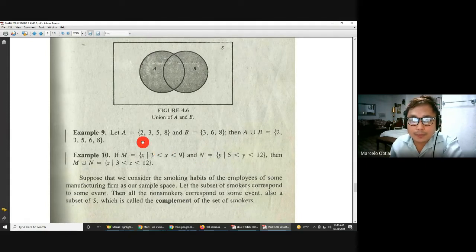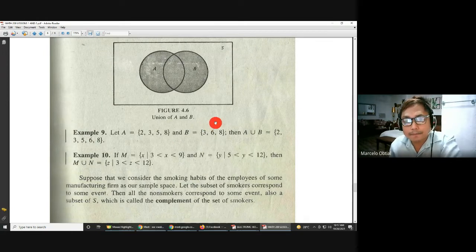Okay, 2, 3, 3. Bawal mag-repeat. Okay, isang 3 lang. Then 5. Okay, you have 8. Isa lang. Bawal mag-repeat. And you have 6. That is why, please arrange mo the lowest to the highest para hindi ako malito mag-check. 2, 3, 5, 6, and 8. Just combine all the elements na makikita nyo dun sa dalawang events na yun o higit pa. But you don't need to repeat the element.